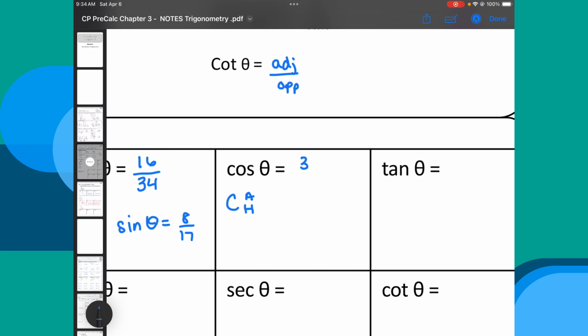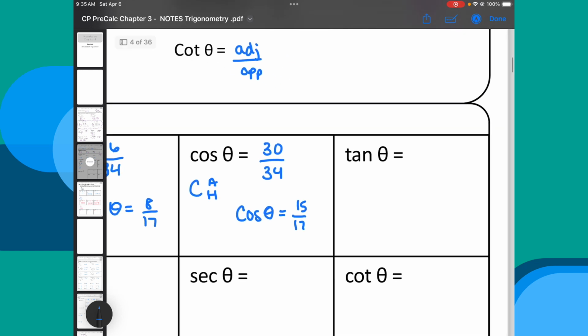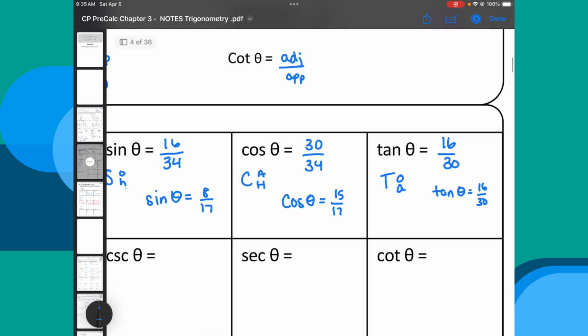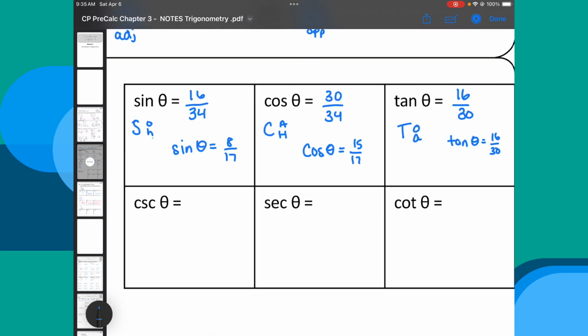The adjacent side was 30 over the hypotenuse of 34. So cosine of theta would be 15 over 17. And tan is opposite over adjacent, so 16 over 30. So tan of theta would give us 16 over 30. We can use that information to find the angle measure. I'll refresh that in another video.